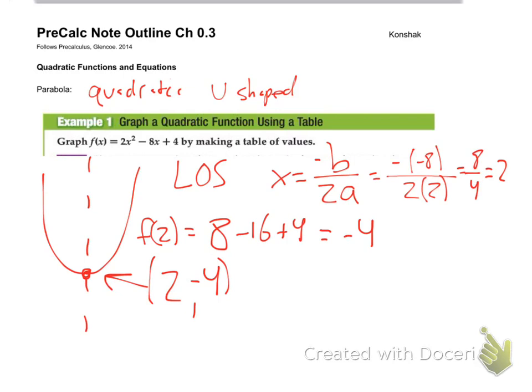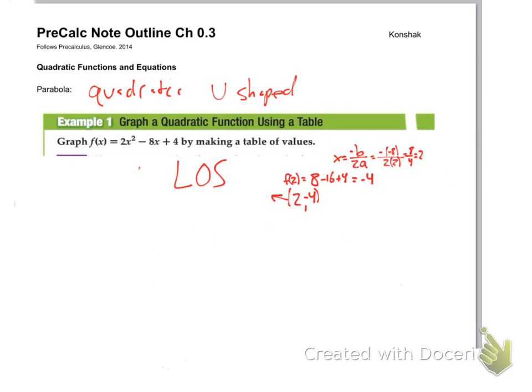I'm not done. All of this is going to be done fairly quick. So what I need to do now is use that to my advantage. I'm going to take this vertex and put it into a t-chart, a table, because that's what it wants me to do.